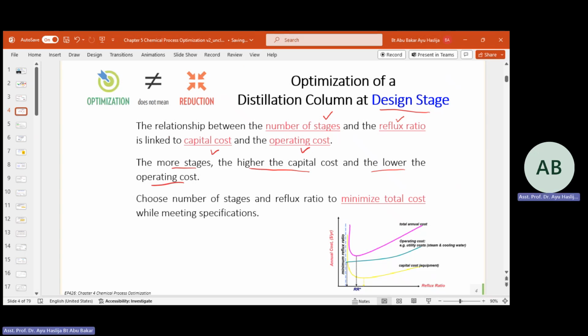How do you think? Operating costs here, perhaps the utility costs. How can you have higher capital costs but lower operating costs?